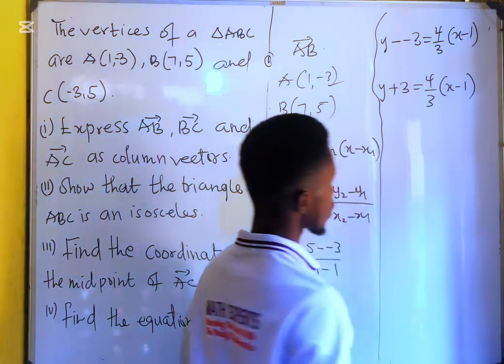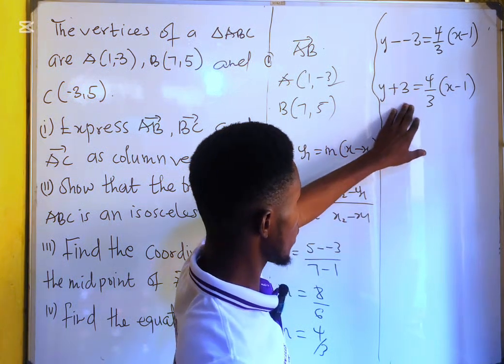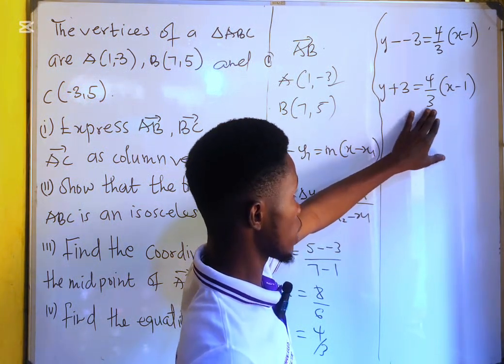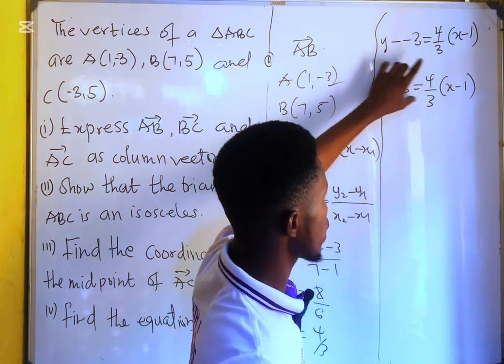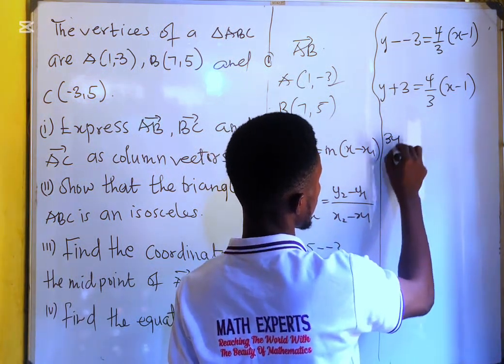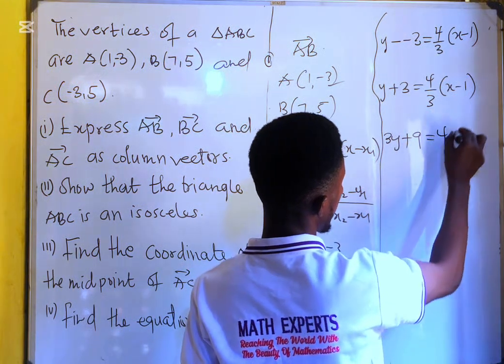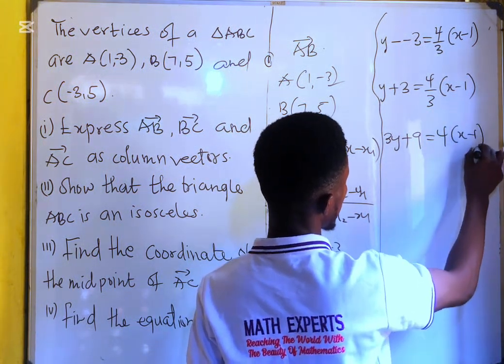Is that okay? Now here you multiply through by the LCM. The LCM of the whole of this will be 3. So if I multiply by 3, that is going to be 3y plus 9 equals 4 times (x minus 1).